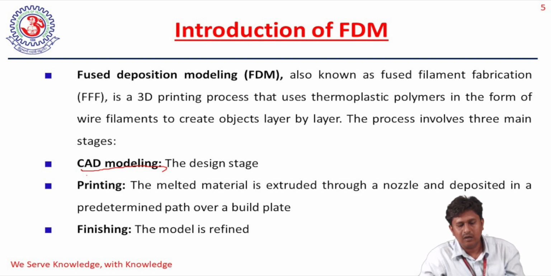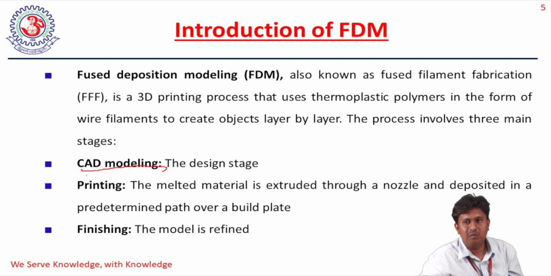There the material will be fed into the machine, and the melted material is extruded through a nozzle and deposited in a predetermined path, as per the code generated in the slicer software, over a build plate.